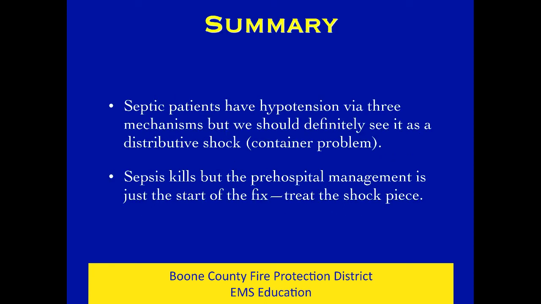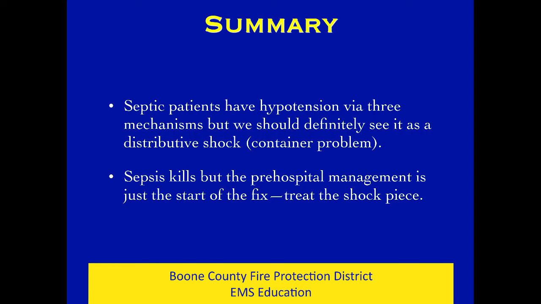So quick summary, they have hypotension from 3 mechanisms, but we're going to see it as mostly a container problem. Yes, there's some impact on their cardiac pump functioning, and there's some loss of fluid from the vascular space, yes, but we should just think of it as distributive shock.